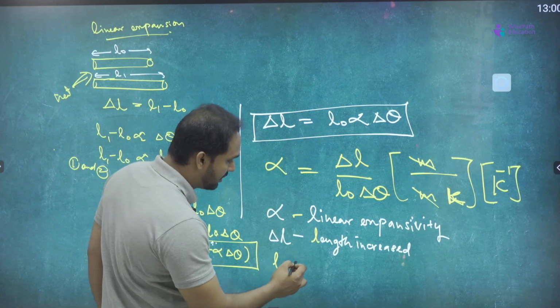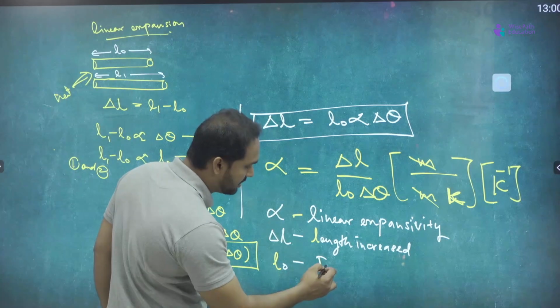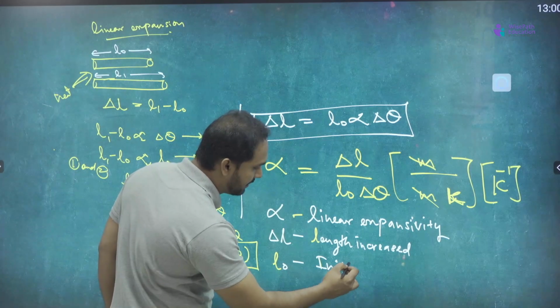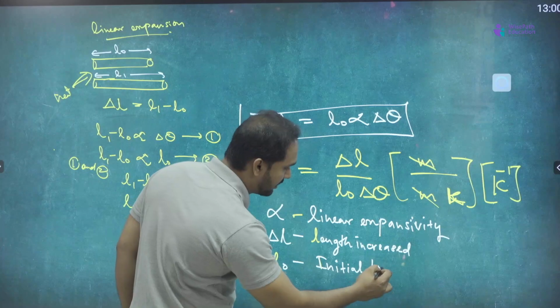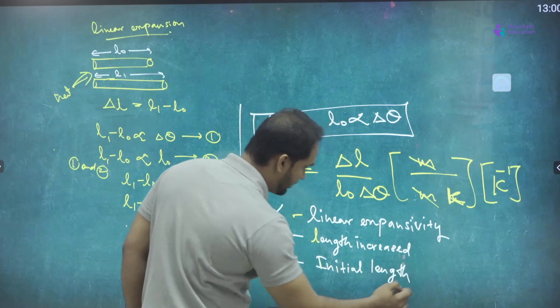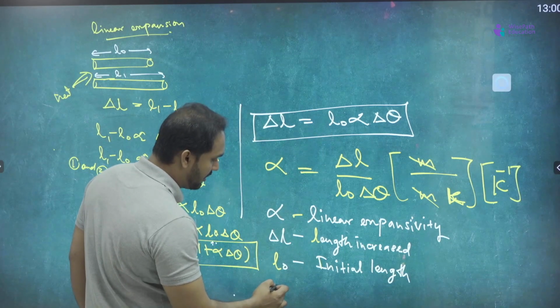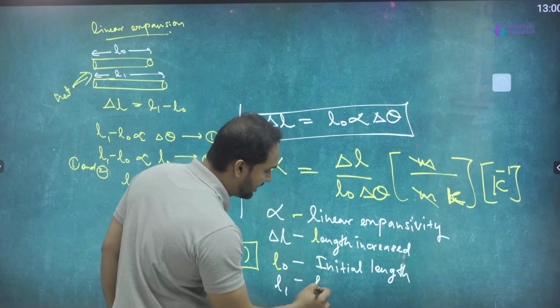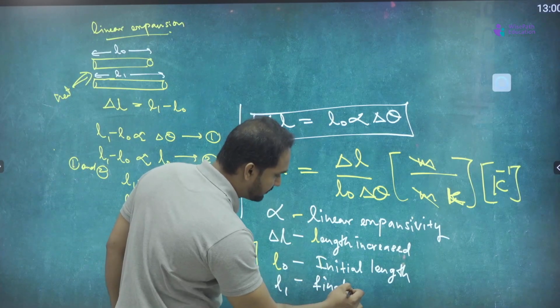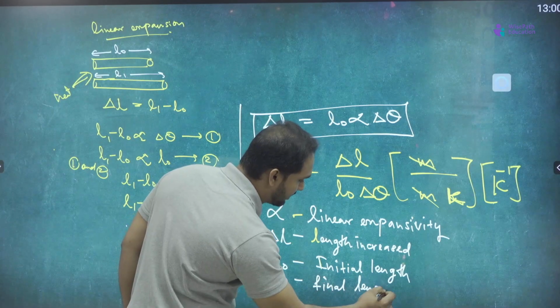L naught is the initial length, L1 is the final length.